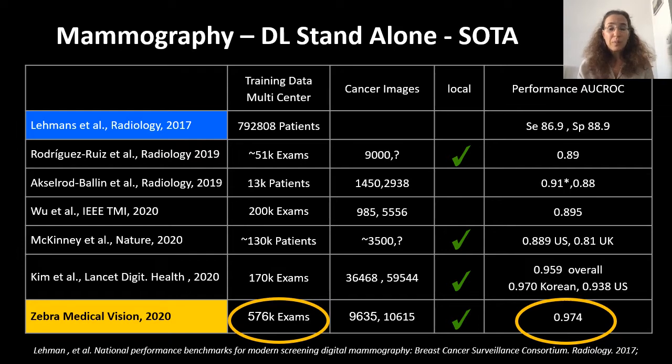Another important parameter is the amount of cancer images, positive images, that are included in the dataset, and you can see that these numbers are very impressive, given the low prevalence of breast cancer in the population. Also, it is important to know that positivity for this type of application is usually based on a biopsy-proven breast cancer that was detected in the images.